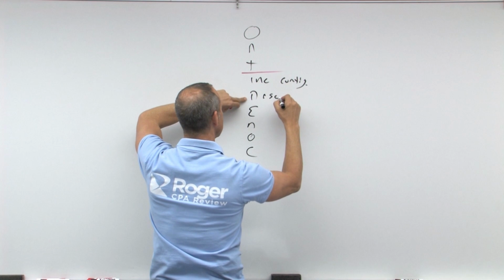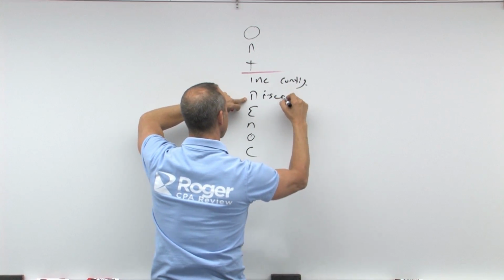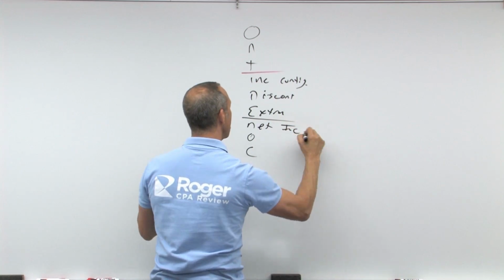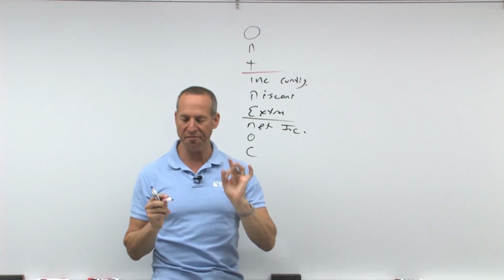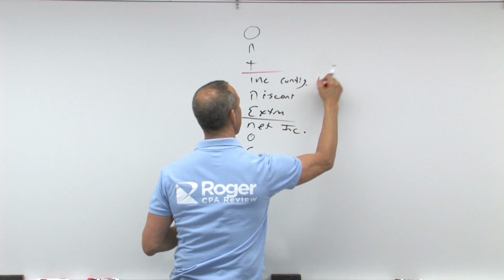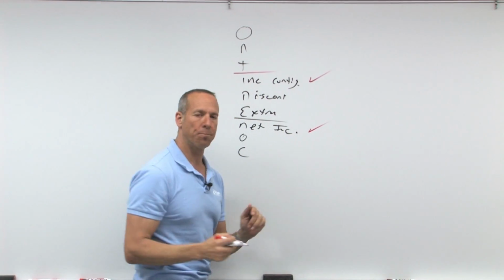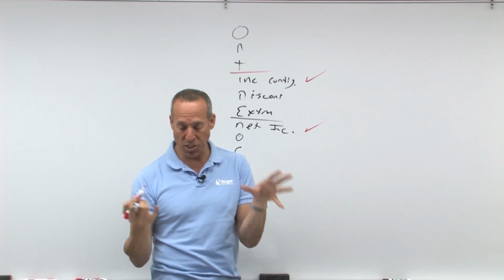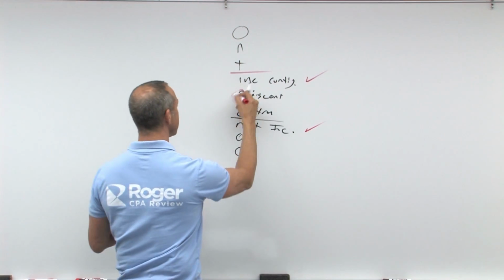Then you've got discontinued operations or disposal and extraordinary items, and then you have net income. You are required to show it on the face of the income statement for income from continuing operations and net income. You also need to show it either on the face or in the footnotes for the D and the E.